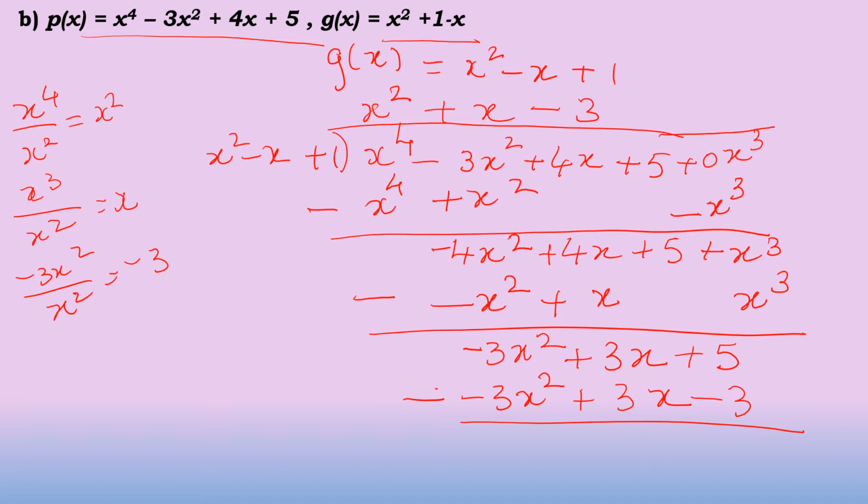What is 5 minus minus 3? It is 5 plus 3, which is equal to 8. So you get your quotient is equal to x square plus x minus 3 and your remainder is equal to 8.